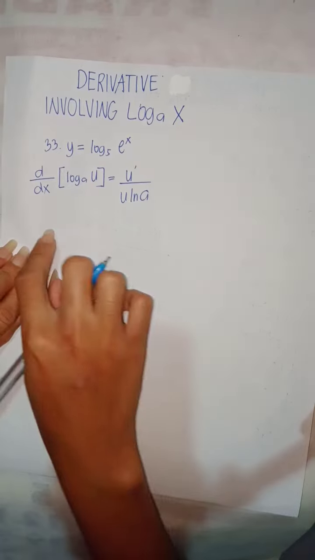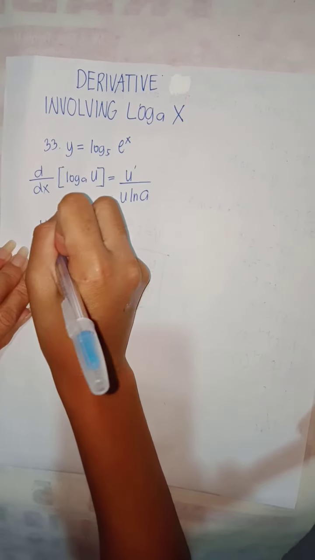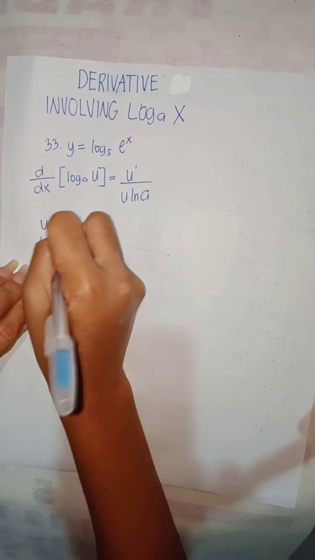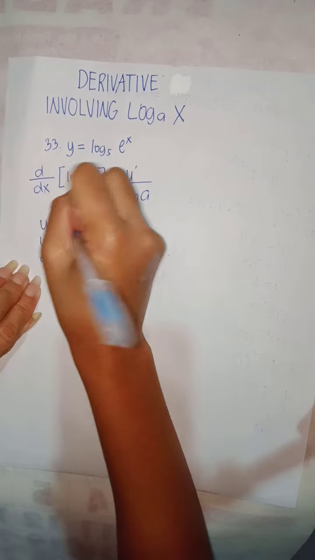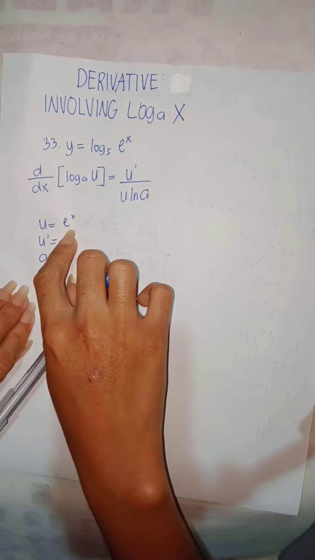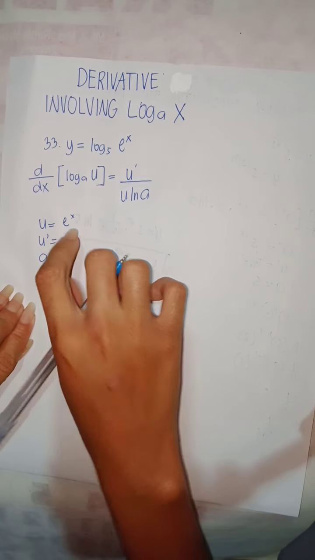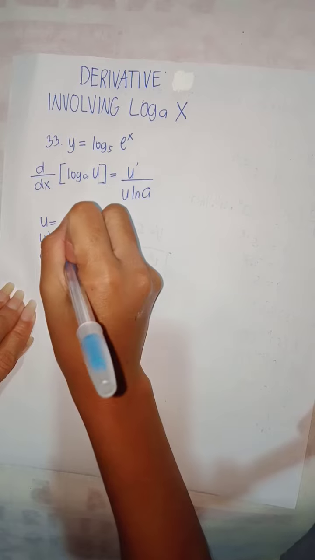So first, let's find the u, u prime, and our a. Our u is e to the power of x. U prime is the derivative of e to the power of x. Then our a is the base 5.